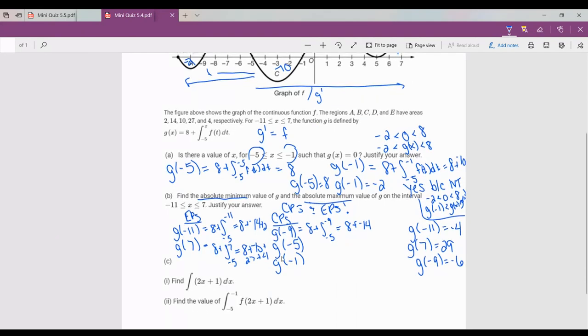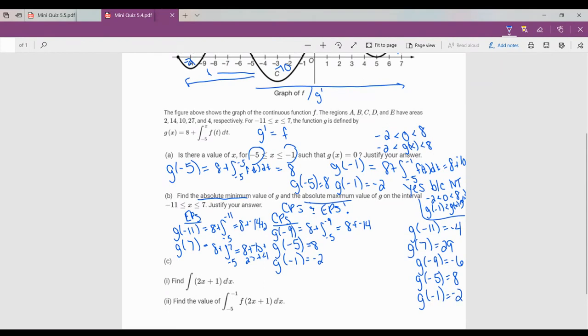Now g of negative 5 we found above, which was 8, and g of negative 1 we found above, which was negative 2.